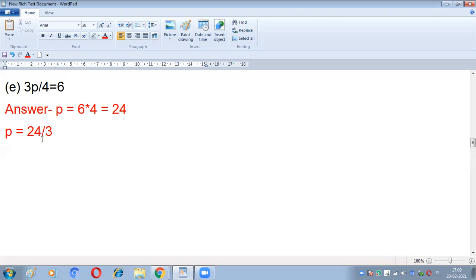Here 3 has the sign of division, as you can see on my screen. So 24 upon 3 is equals to 8. 24 and 3 will be cancelled out. 3 multiplied by 8 is equals to 24. So the value for p is equals to 8.